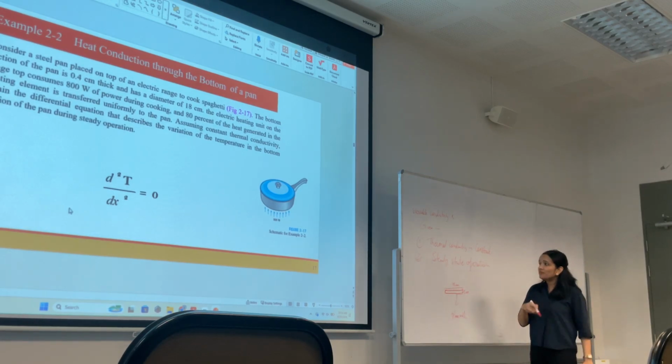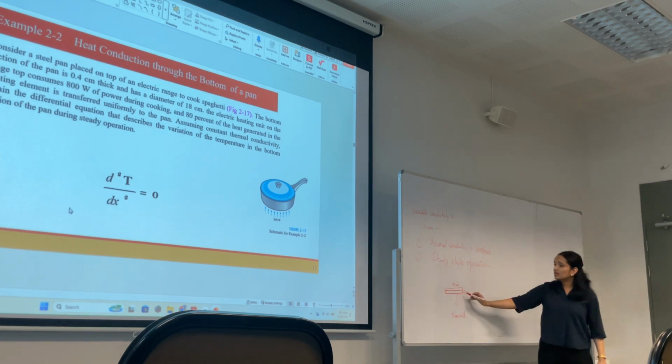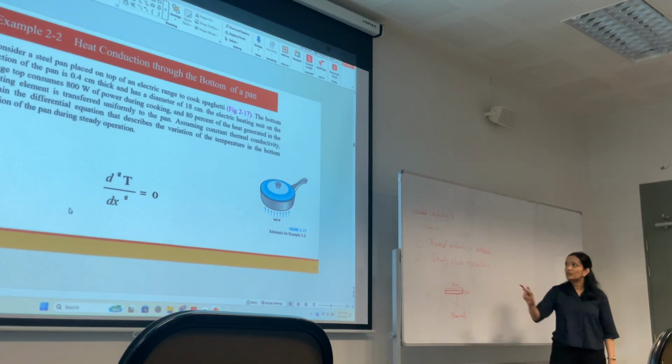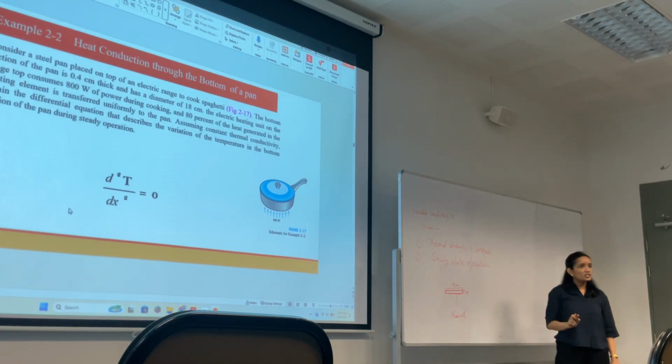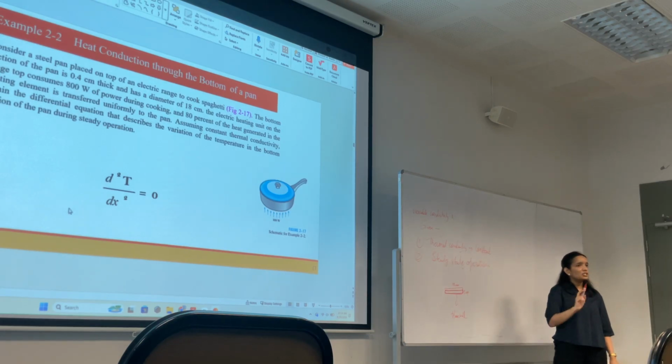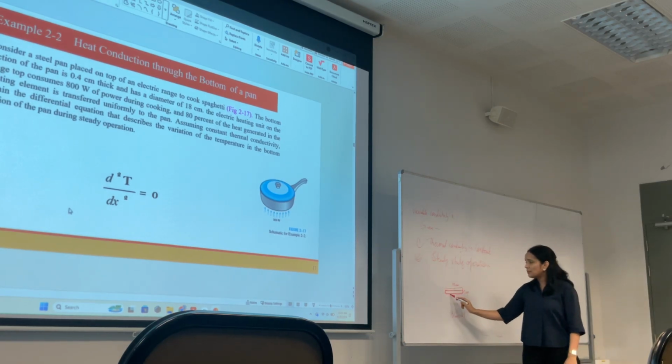Now, tell me which formula we are going to use in order to study the heat transfer. Thermal conductivity is constant and the operation is steady state. Steady state means temperature is not changing with time. And it's a plain wall.